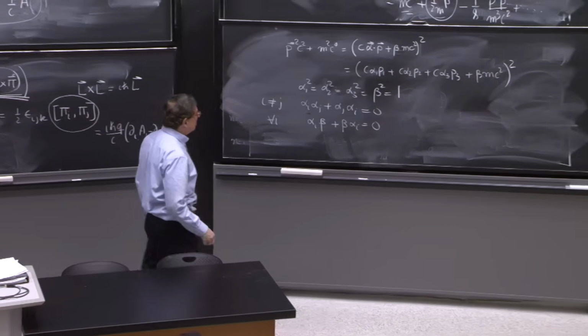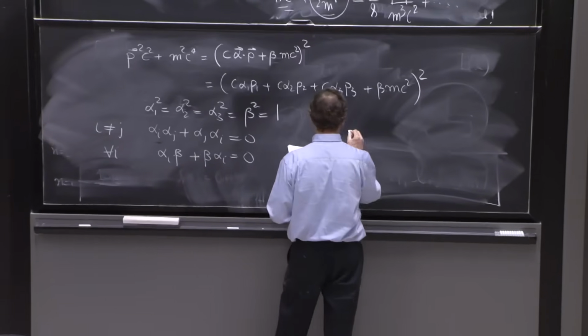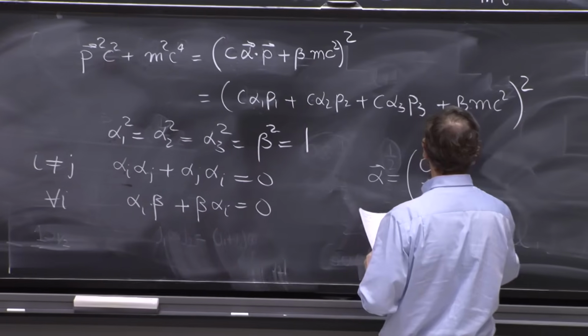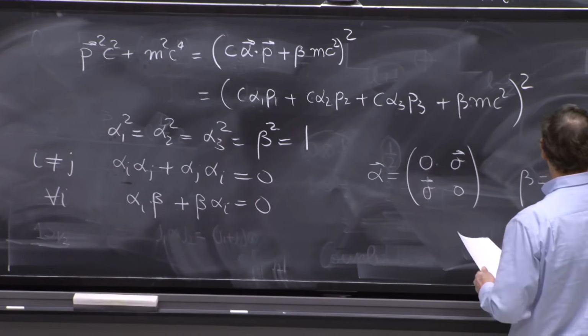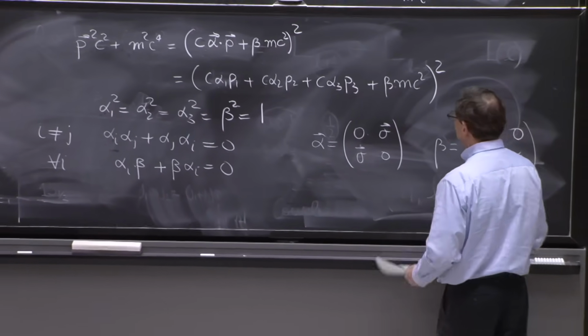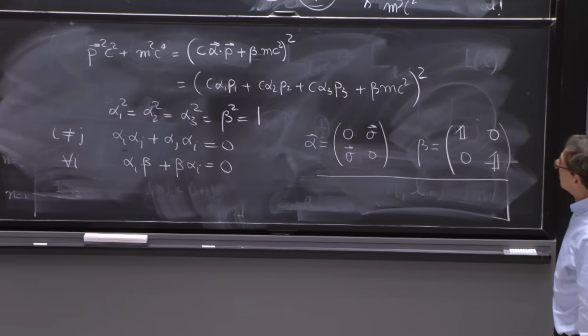So the solution is alpha is 0, sigma, sigma, 0, and beta is 1, minus 1, 0, 0. This is the simplest solution, 4x4 matrices.